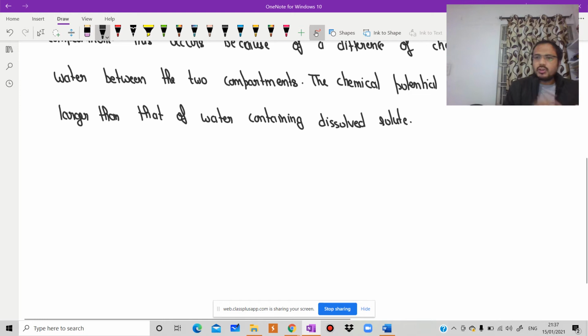Draw the diagram of osmosis, reverse osmosis, and osmotic equilibrium.